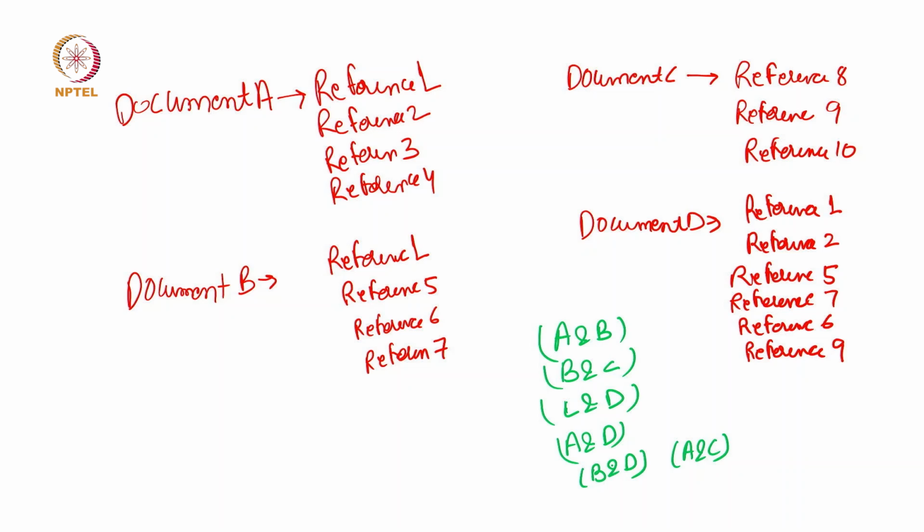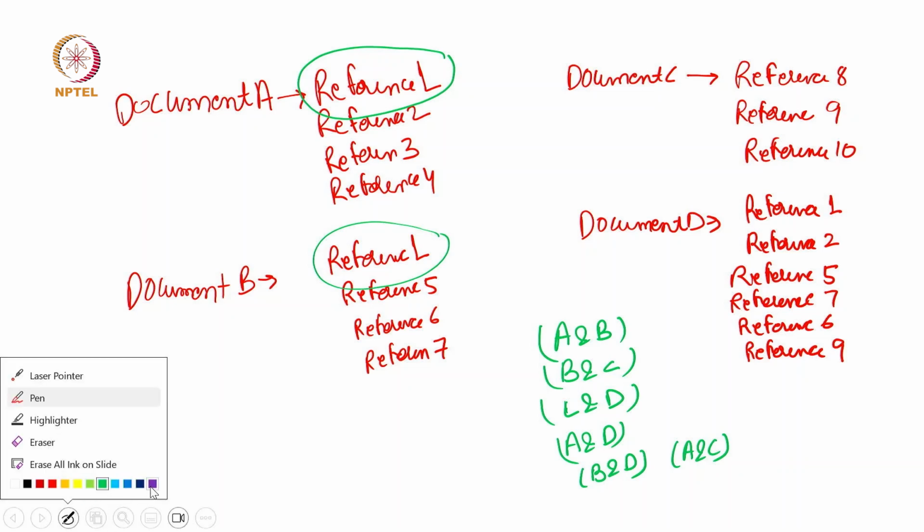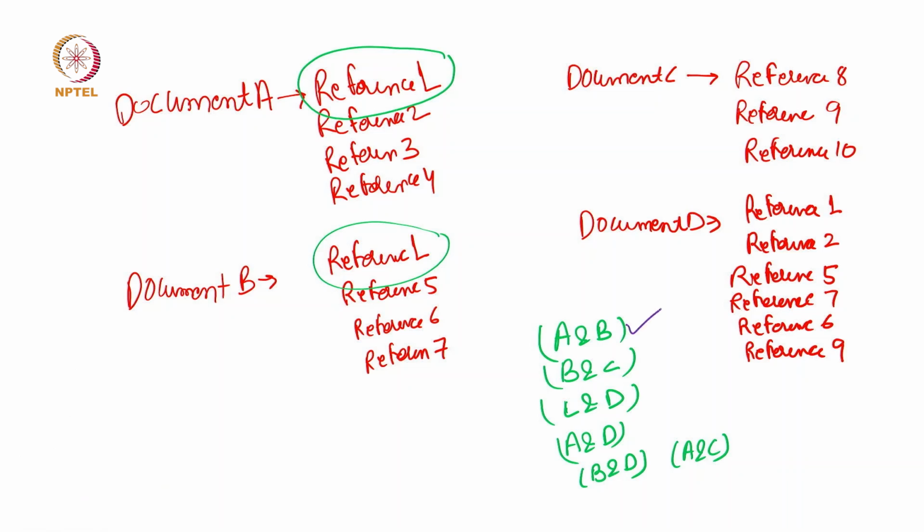If we see documents A and B, the common reference is only this one. So we can say that A and B are bibliographically coupled. Then we calculate for B and C. If we check B and C, there are no common references they share.